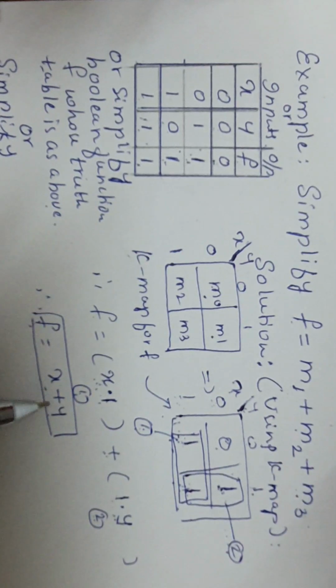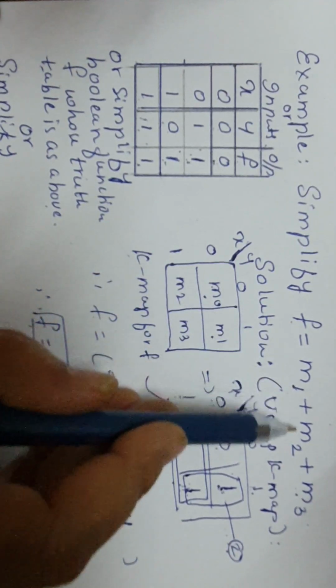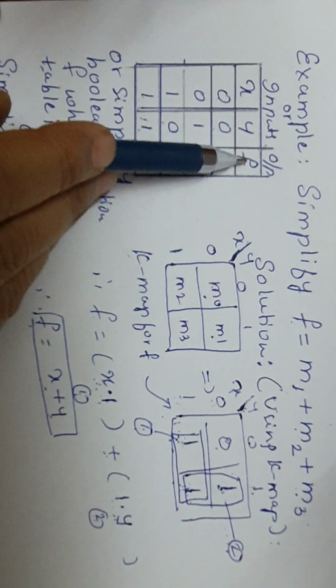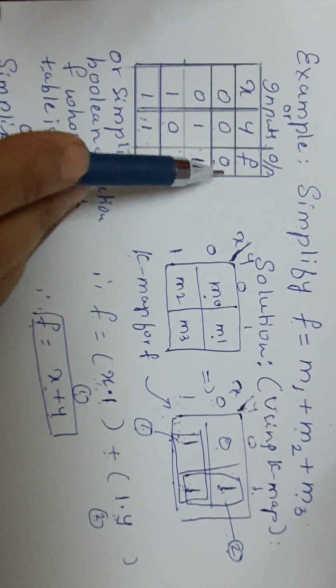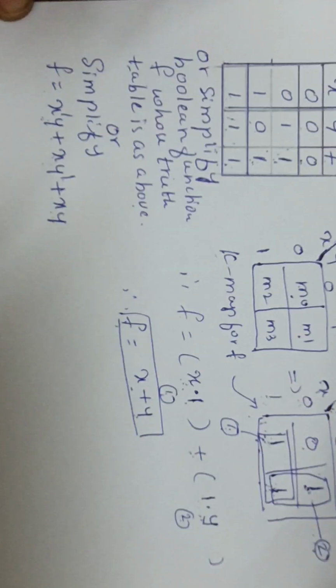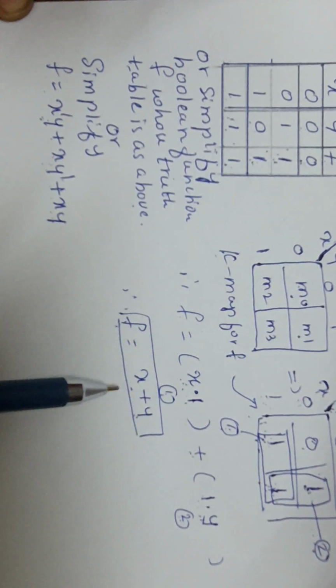So f equal to x or y is the simplified solution for f equal to m1 or m2 or m3, or this table where f equal to 0 for m0, and for m1, m2, m3 it is 1, or simplify f equal to x'y or xy' or xy. So for all this is the solution.